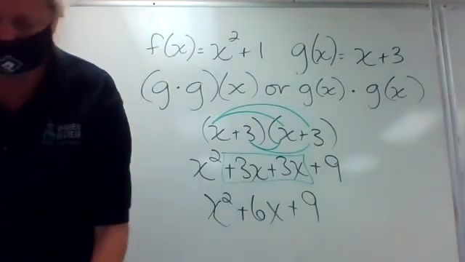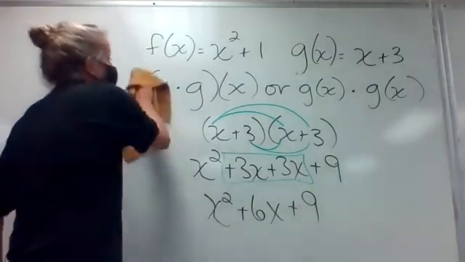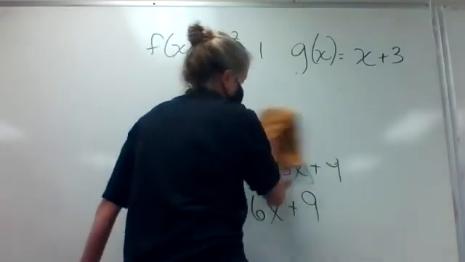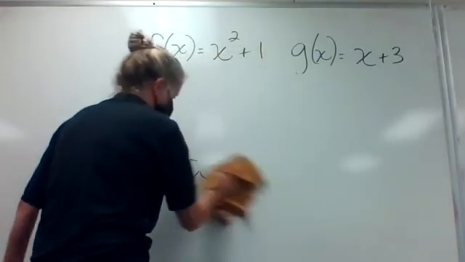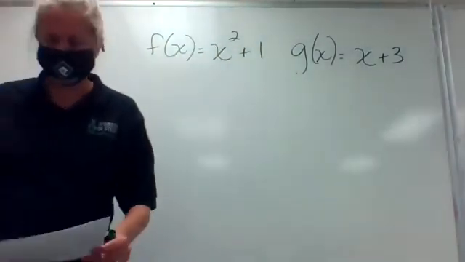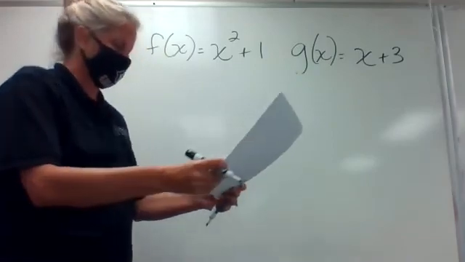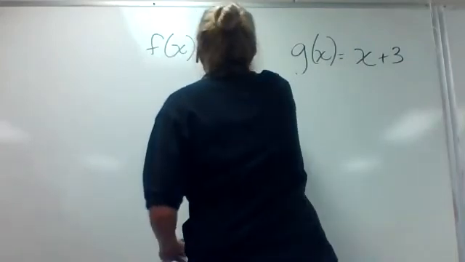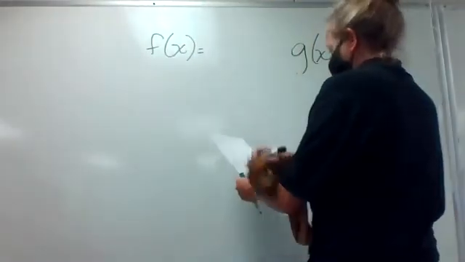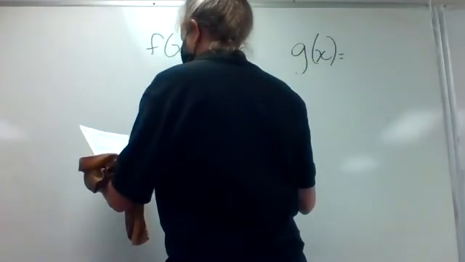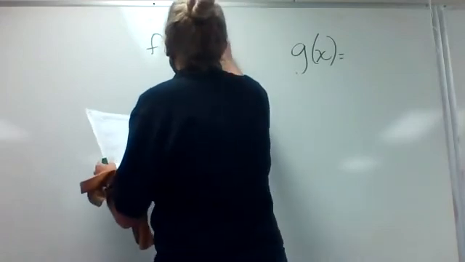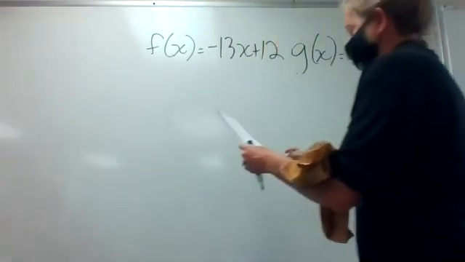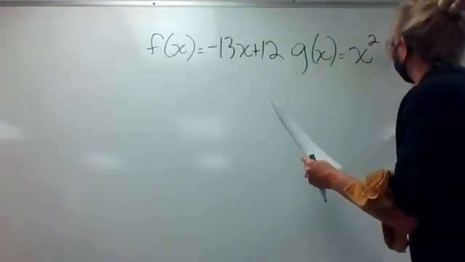Number 4. F of x is negative 13x plus 12. G of x is x squared plus 13.